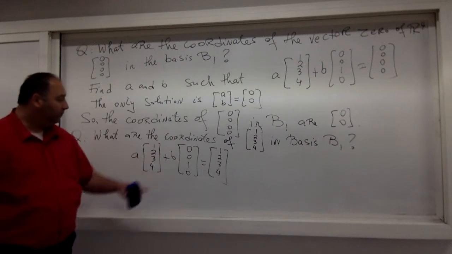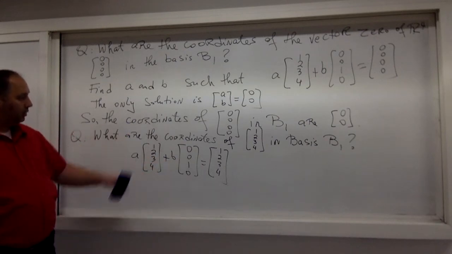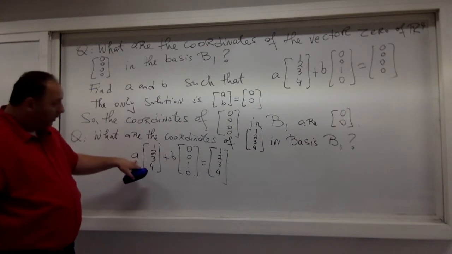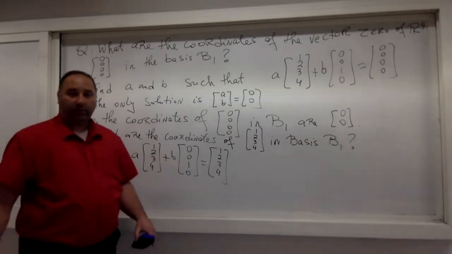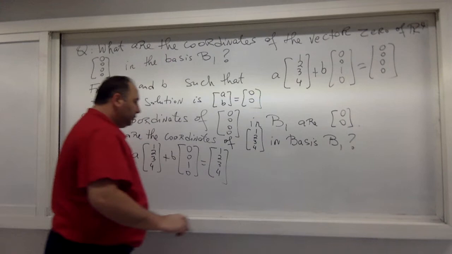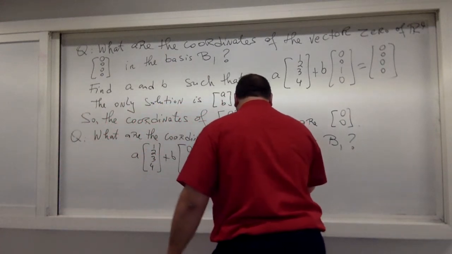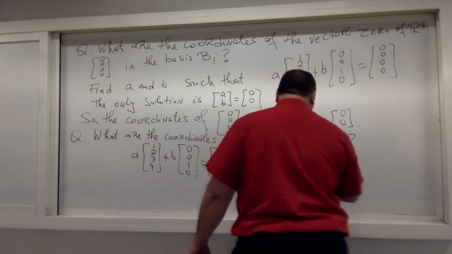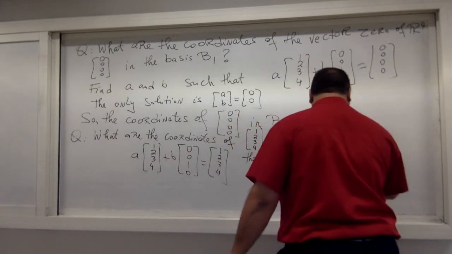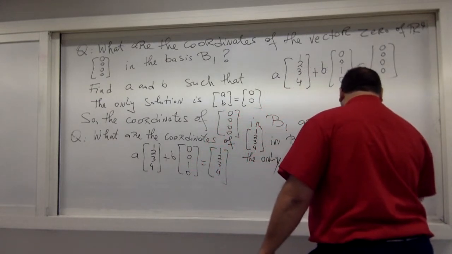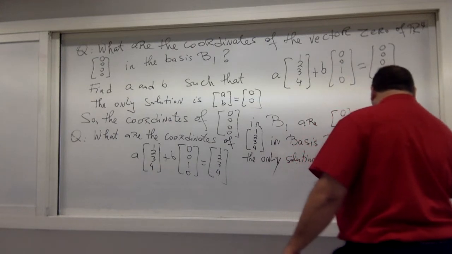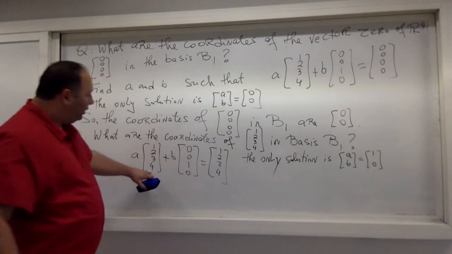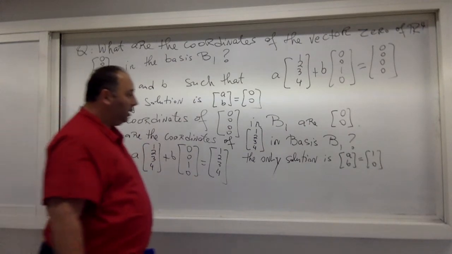I'm looking for A and B. To find them, well, you can do your Gauss-Jordan or be just smart and realize that if you put 1 here, and you put 0 here, you have your solution. Ta-da! So, the coordinates for the first basis vector in the basis B1 are 1, 0.